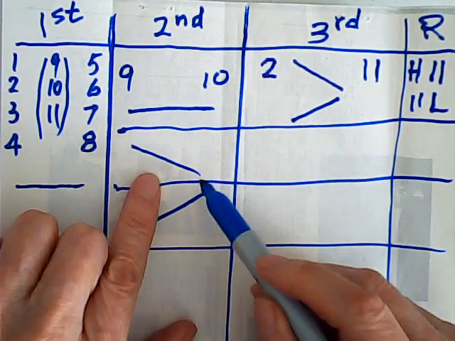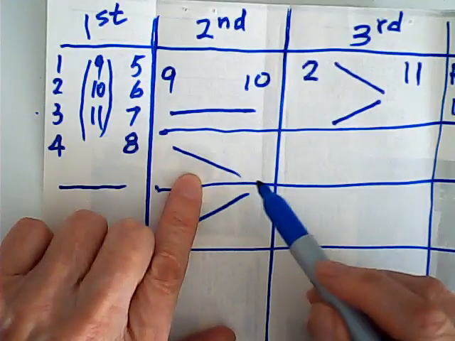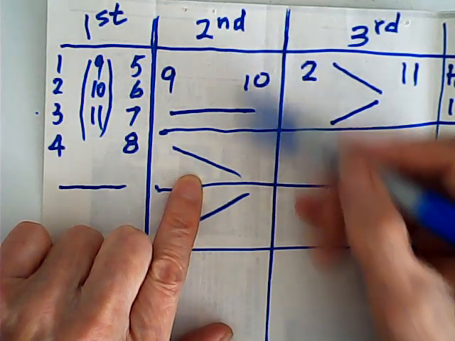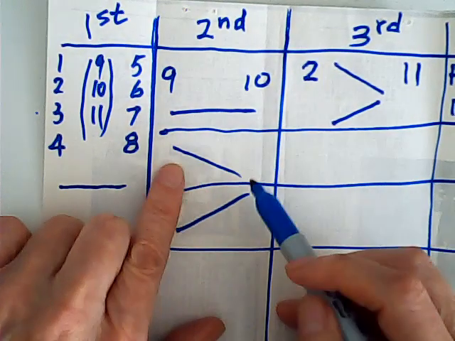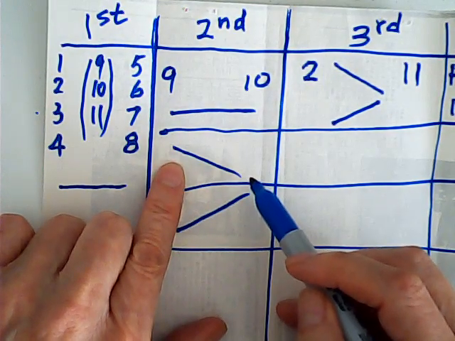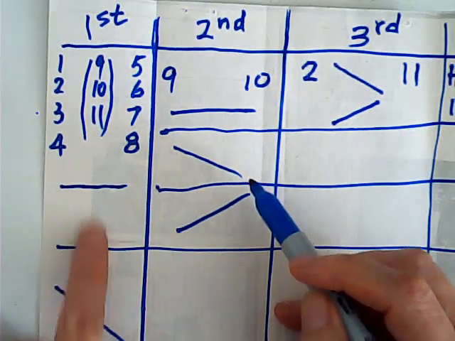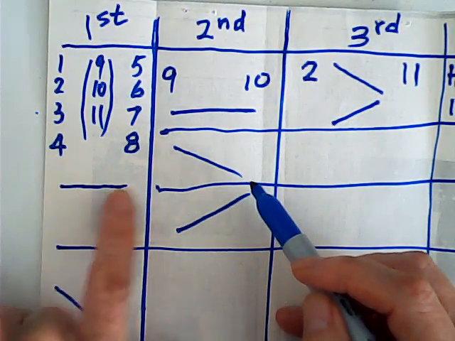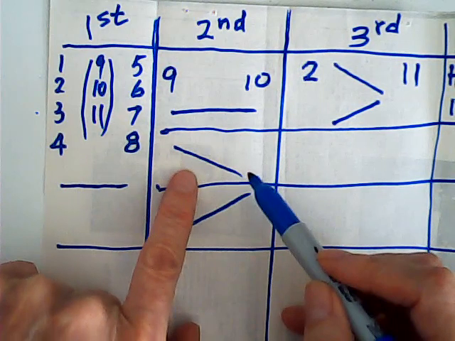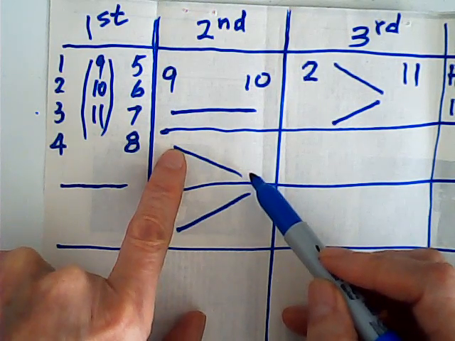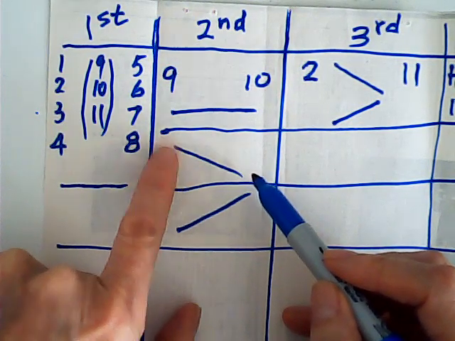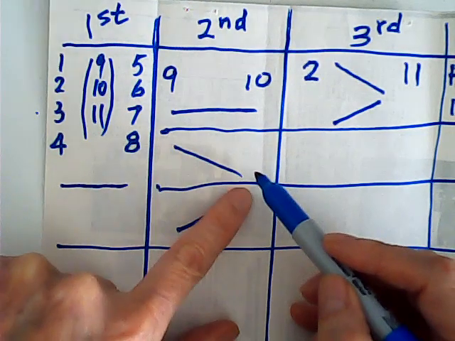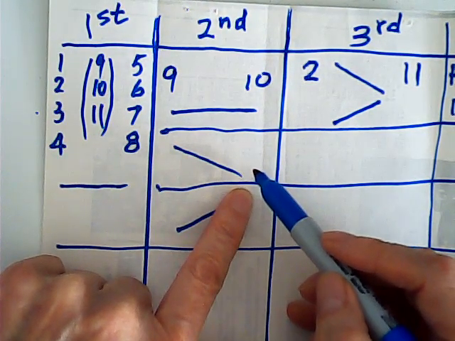Now, what happens if the balance in the second weighing tips this way? That means 11 is normal, because everything is normal except 9, 10, 11. In this situation, 9 could be lighter or 10 could be heavier.